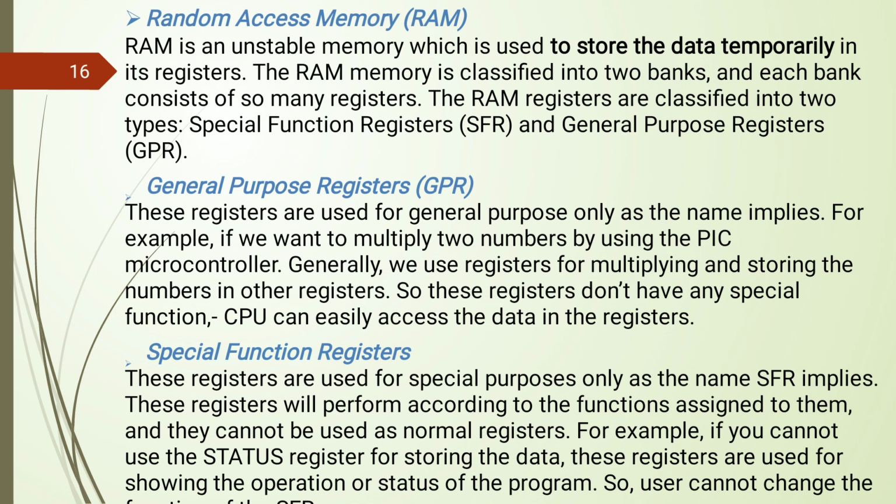With the help of these registers, we are able to detect whether a specific condition is satisfied or not. They are not available to the user for editing the contents. They are only available for getting the status by enabling, disabling, or reading whether it is low or high. So this is the basic difference between general purpose registers and special function registers, which are also called SFRs.